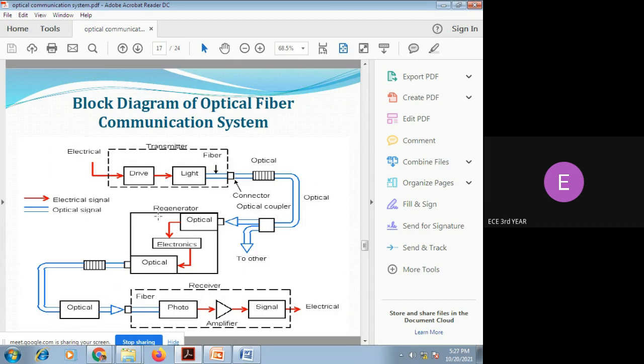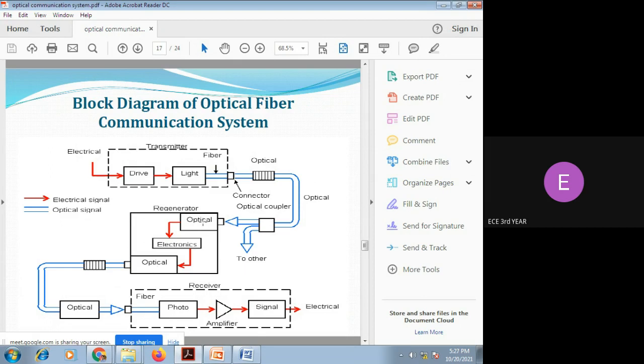If the signal is transmitted over a long distance, the energy will be lost, so we need to boost the signal. For that we use a regenerator in between the channel. The regenerator consists of an optical module, an electronics module, and then an optical module.